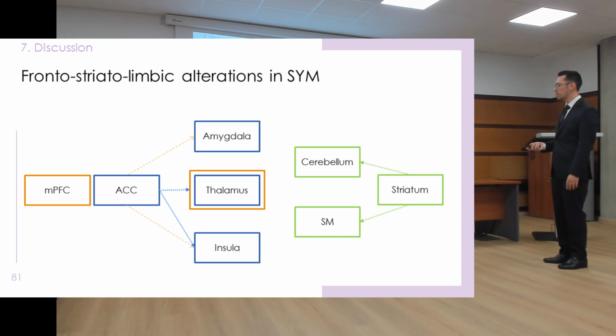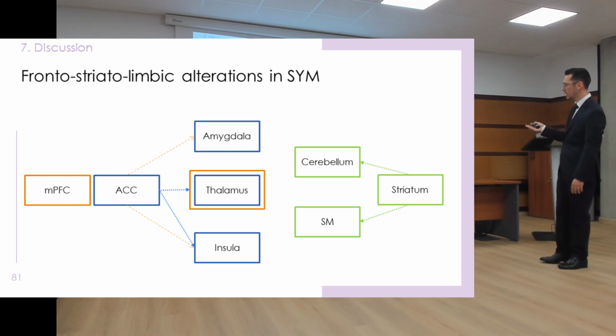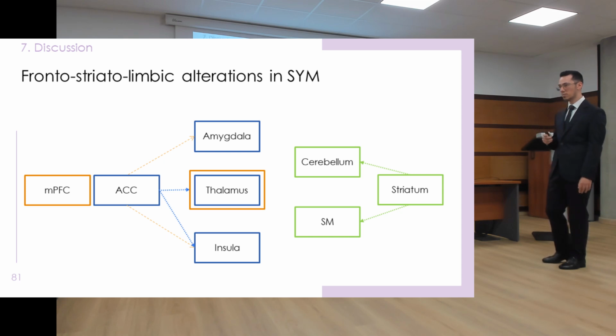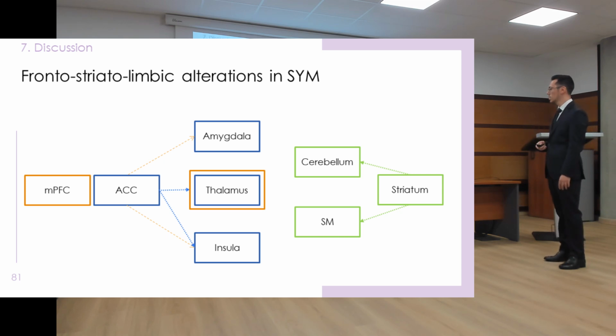We can form a map where we can see the effects of meditation over this fronto-striatal limbic circuit, affecting or related to top-down emotion and attention and control, as well as sensory regulation and enhancement of emotional and reward cues.